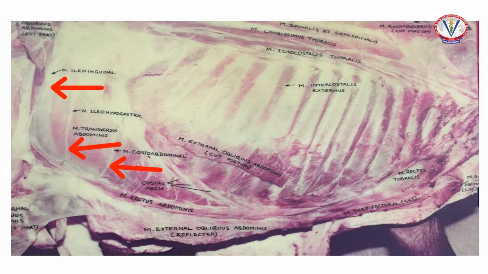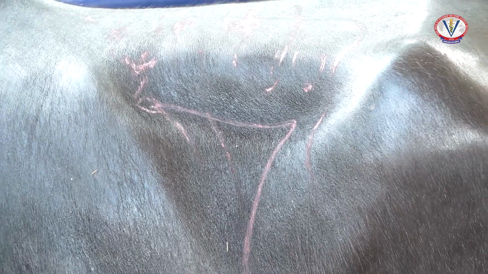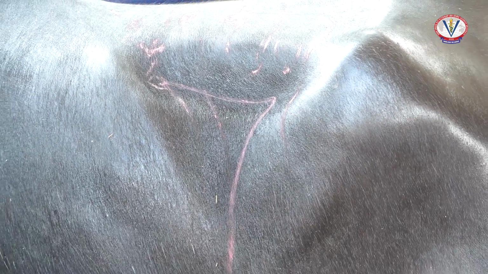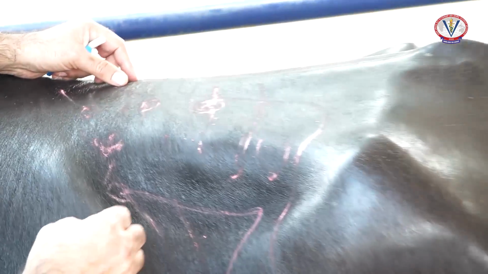For any surgery in the flank area, these three nerves are to be blocked. These three nerves can be blocked by paravertebral nerve block or simply by inverted L block. In inverted L nerve block, the anesthetic solution is injected in an L-shaped pattern in the flank.